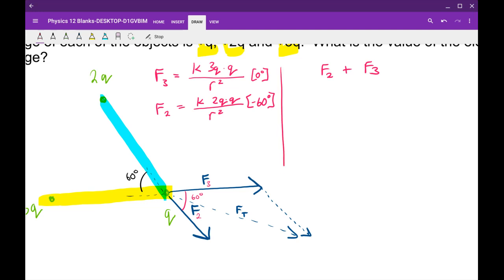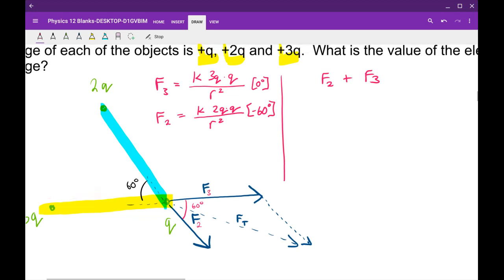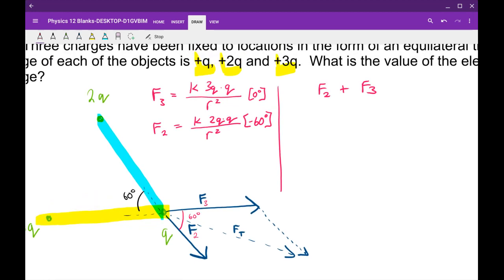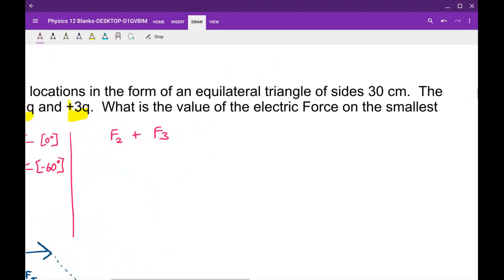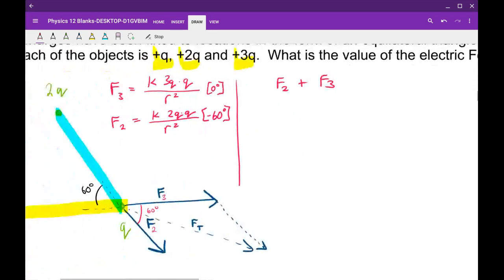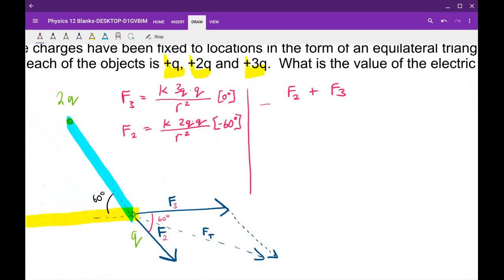And I'm going to just use my vector addition for this. I'm going to do this in a bit of a strange way, just to clean up some of this math. By the way, in this case, R is both of these. R is 30 centimeters. You see it right there. Okay. So I'm going to write this down.